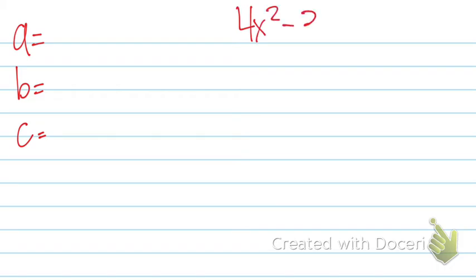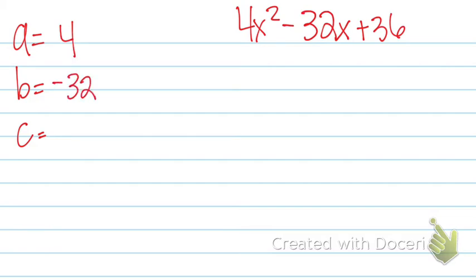All right, so if you do the quadratic formula, A, B, and C, what was it? 4x squared minus 32x plus 36. So what is A in this case? 4. What is B? And C?